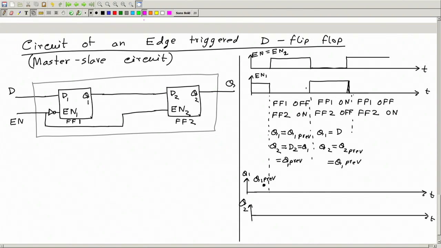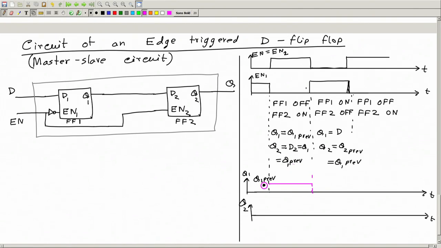This value of Q1 will remain constant here, and then Q1 can change depending on the value of D. But what about Q2?